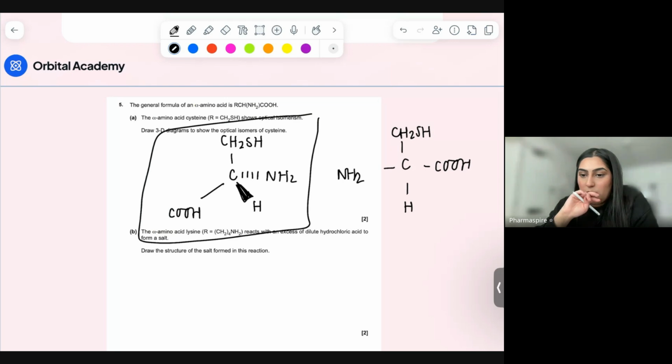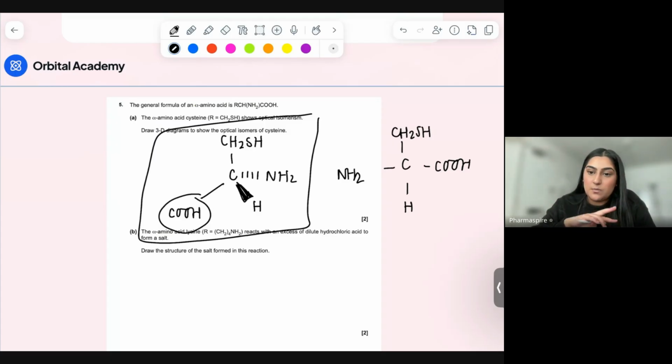How do you decide between the R group and NH2 to get the dash? I would just go with whichever, it doesn't really matter. You can switch them, but typically the straight line R group is to do with priority. If you look at how it normally goes, you want to go anti-clockwise in priority. So COOH is the highest priority because it's got that double bond group.